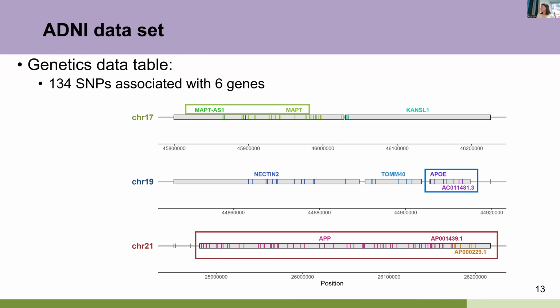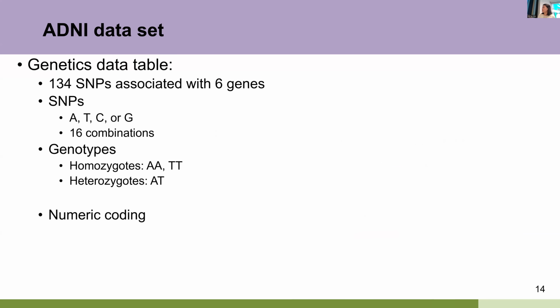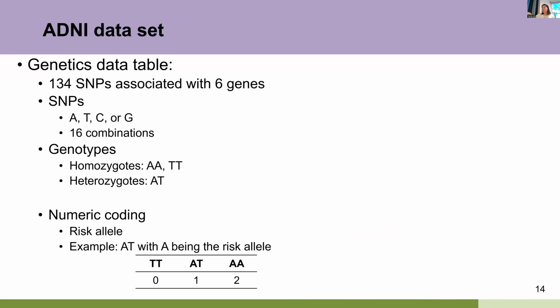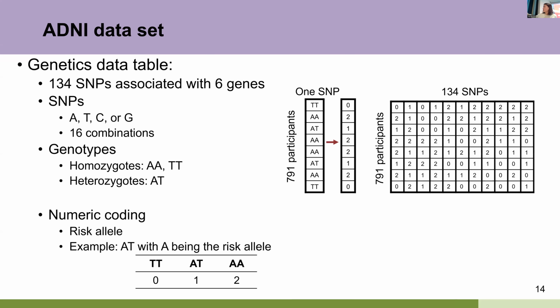And then these are just the SNPs that we know are associated with dementia. So we include them and we code them as numbers, basically counting the risk alleles we know for Alzheimer's disease. And we ended up with this table, right? 791 participants, 100 SNPs, and how their alleles are represented by the numbers.